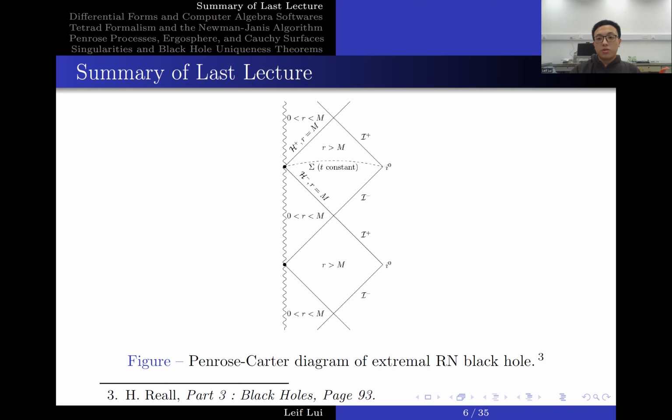To do this, we convert to advanced or retarded null coordinates, and then we further convert to Kruskal-Szekeres coordinates. By doing this, we maximally extend the geometry, and we can obtain an infinite Penrose-Carter diagram. The only ones that we should take seriously are the ones not obtained by analytic continuation or isometries, because the other ones basically violate strong cosmic censorship. I discussed this 2 lectures ago.